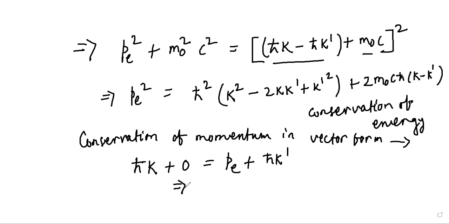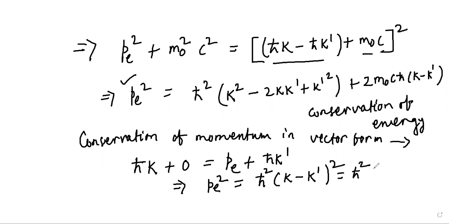So from here we can write pe, or pe square, because I need just to solve this by equating. So pe square we can simply write as ħ (k minus k prime) whole square, which can be written as ħ square, because I squared both the sides.